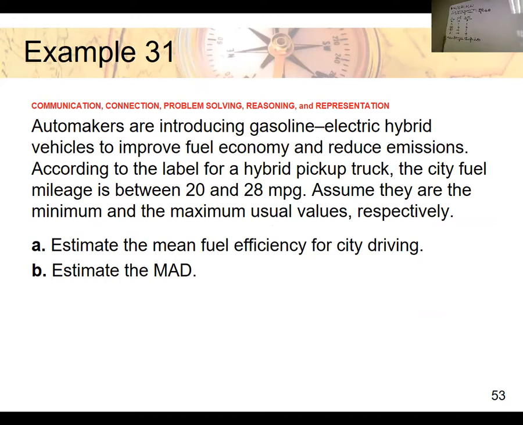According to the label, for a hybrid pickup truck, the city fuel mileage is between 20 and 28 miles per gallon. And we're going to assume that they are the minimum and maximum usual values respectively. The minimum is 20 and the maximum is 28.